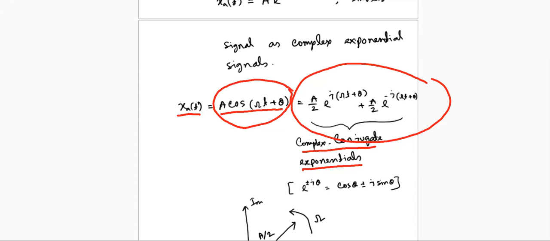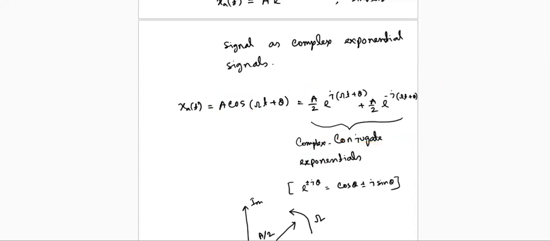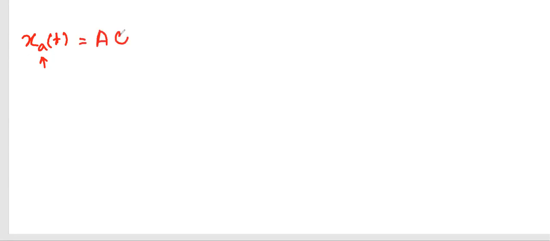First of all, I would like to show the previous section, and then we'll move to the next section, that means the complex conjugate part, for understanding. Okay. So from the equation point of view, as we already know, x_a(t), where a is just to represent the analog signal, is equal to the amplitude times the sinusoidal signal cos(omega t plus theta).